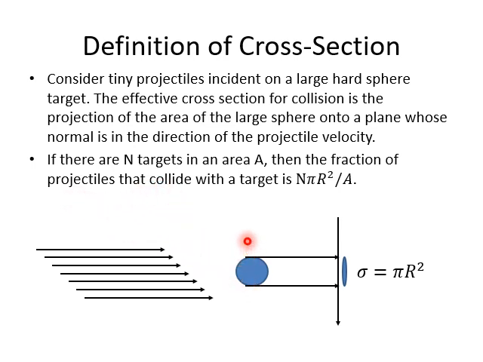Now, if in some large area A, there are n targets, so now I take this basketball and I put other basketballs around, then I can ask for many incident particles here, what fraction of them scatter, BBs, what fraction of them scatter off of a basketball?